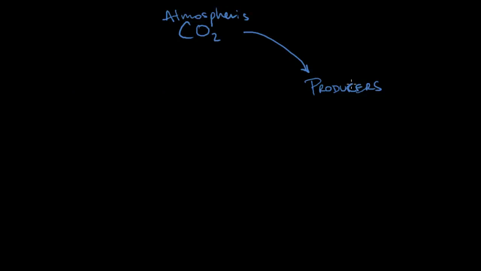So there are many protists that are photosynthetic, as well as some bacteria. But anyways, they're all producers because they're using sunlight and the atmospheric carbon dioxide to turn that into sugar, which then goes on to the carbon that's found in consumers.